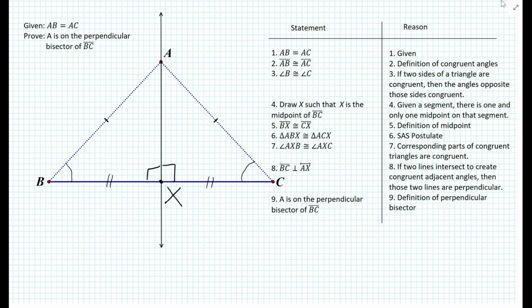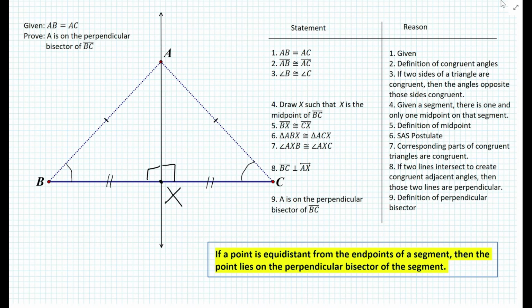Now that we have proven this, we can finally formulate a theorem. So the theorem goes as follows. If a point is equidistant from the endpoints of a segment, then the point lies on the perpendicular bisector of the segment.